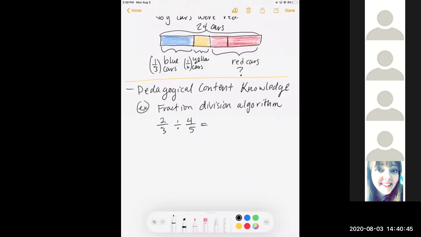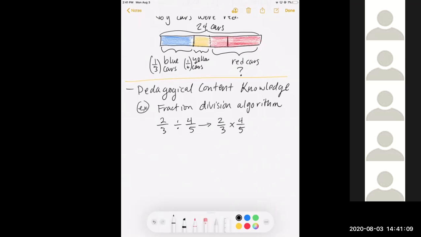What will they do? For the example numbers, can you repeat what you said? So they would do like 2/3 times, and then instead of doing the inverse, they'll just write 4/5. We know that that's not equal because we need to find the reciprocal of 4/5, but students might not do that.